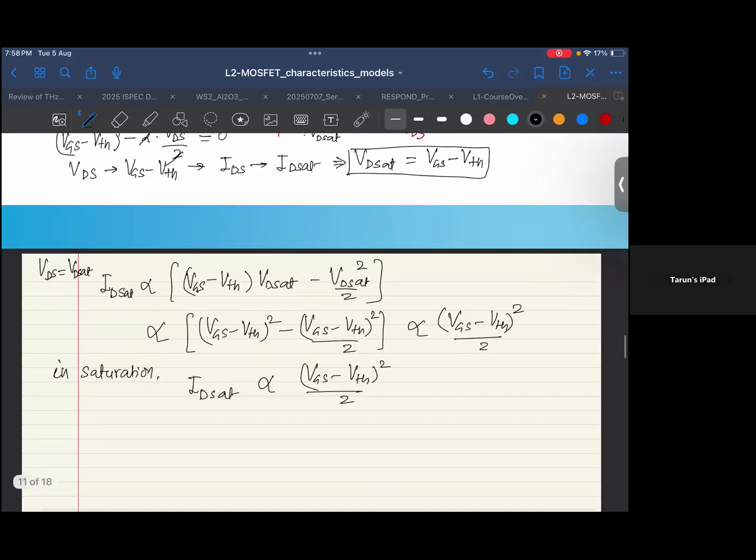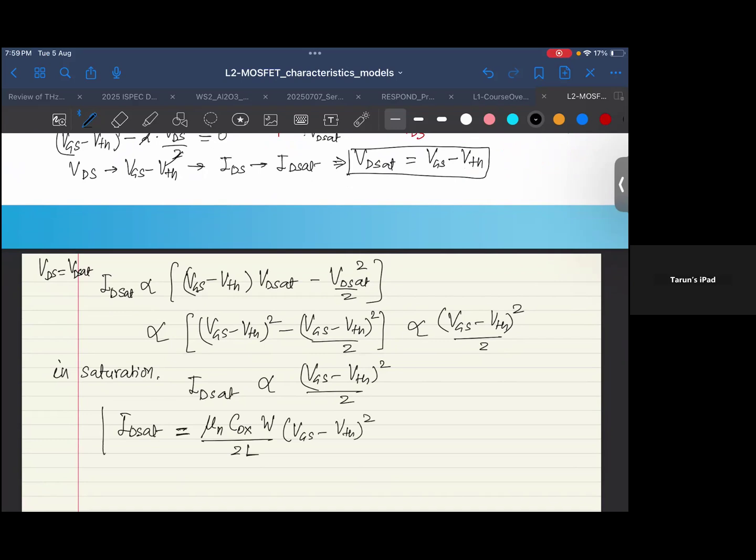Now, if we put the constants which we get from the derivation, it would come as some factor: mobility, which defines the flow, and the charge control, because there was a capacitance as you saw, W by 2L, and this is VGS minus VTH.